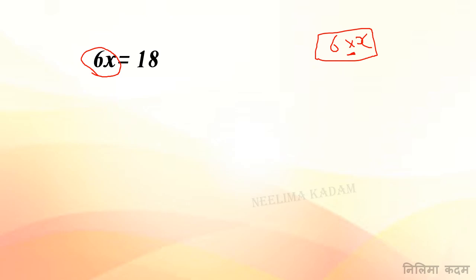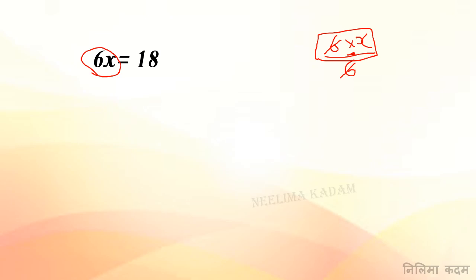So when multiplication is there, what is the opposite of multiplication? Yes, division. Therefore, in this case, you want to get rid of this 6. What you have to do? Yes, divide by 6. So 6 ones are 6, 6 ones are 6. Here remains 1 into x, which is x. Getting it? How to get rid of this 6?